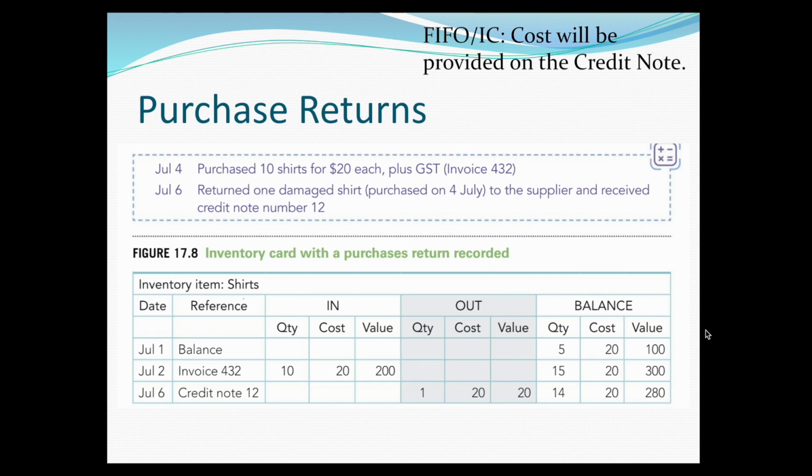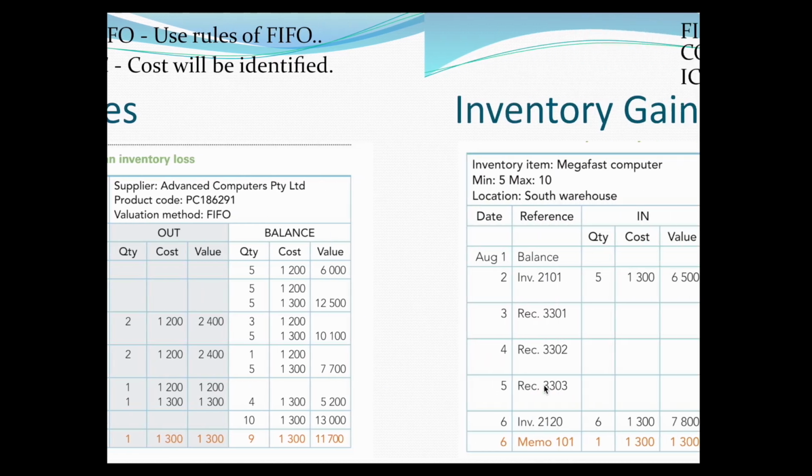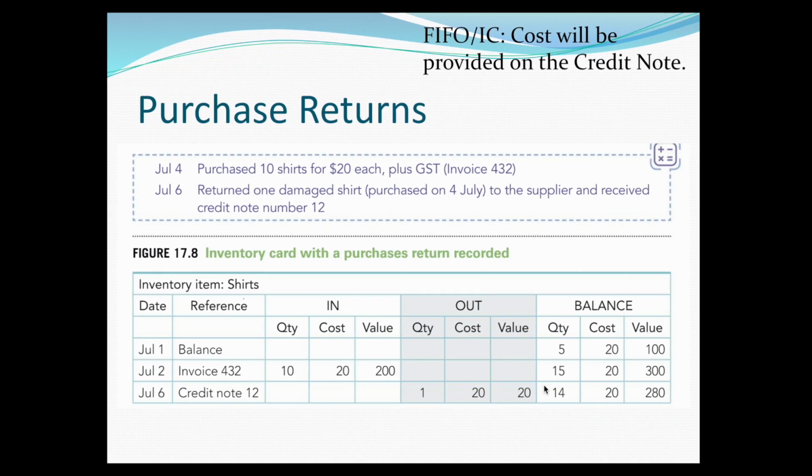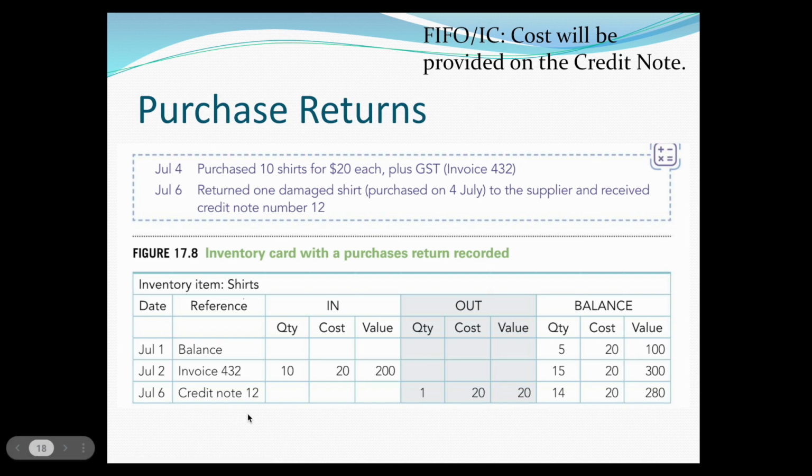That's recorded in your business's inventory card in the out section, because it's going out from your business, so you're losing one piece of inventory, so you're having one less. So like an inventory gain and inventory loss, it's the exact same thing, but it's recorded on a credit note as the source document. So the source document for purchase returns and sales returns is a credit note, whereas it's a memo for inventory loss and inventory gains.